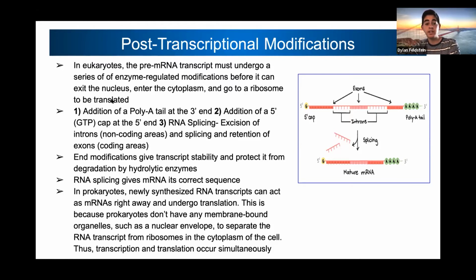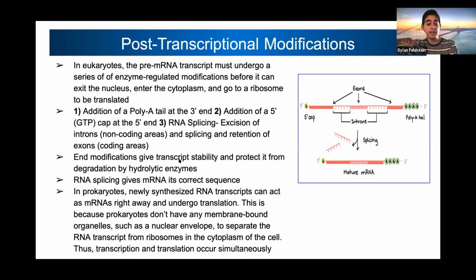These modifications include the addition of a poly-A tail at the 3' end, the addition of a 5' GTP cap at the 5' end, and also RNA splicing, which is the excision of introns, or you can refer to them as the non-coding areas, and the retention of the exons, or the coding areas. As you can see in this photo, at the 5' end is the 5' cap, and at the 3' end, there's a poly-A tail, which is a sequence of adenine nucleotides.